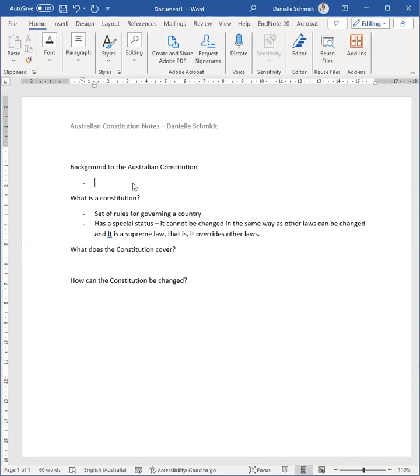So in 1788, so let's write that down, 1788, when Captain Arthur Phillip claimed, and this is the important part, Terra Australis. Let me make sure I'm spelling that right. There we go.